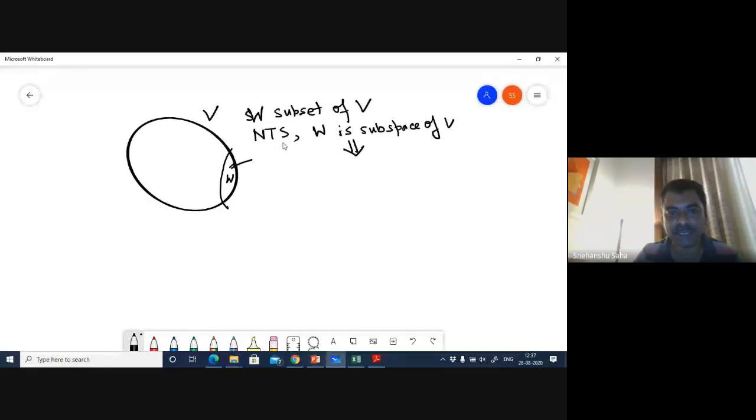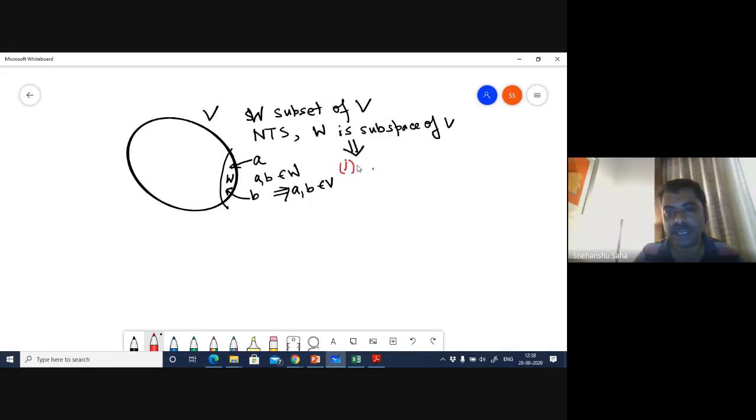What this implies is the following. Let's say you take 2 elements in W, A and B. If these 2 elements A and B belong to W, that means they will belong to the vector space V as well, because V is the superset. But instead of the 10 properties, I just need 2.